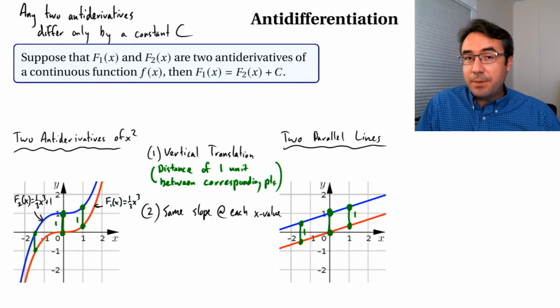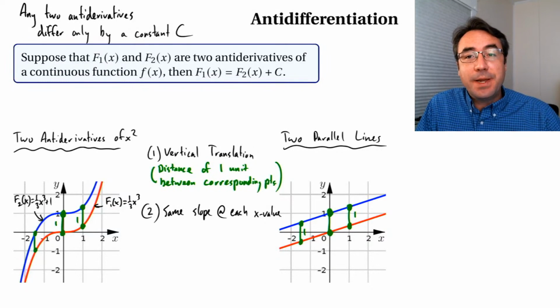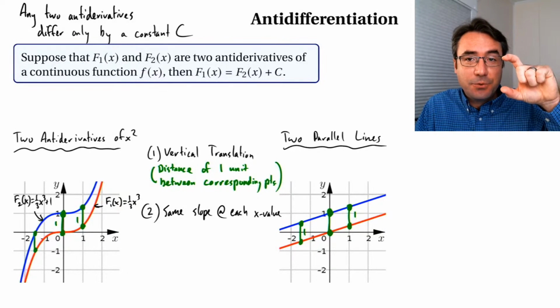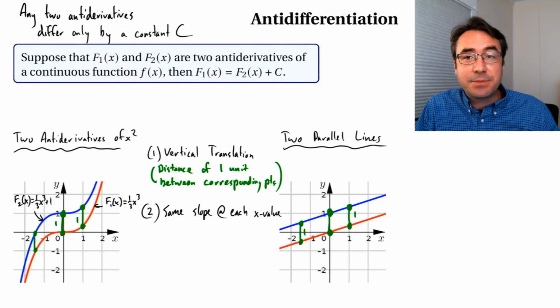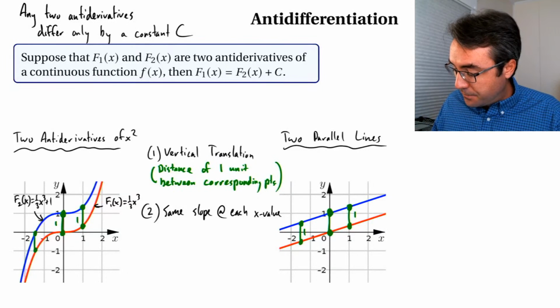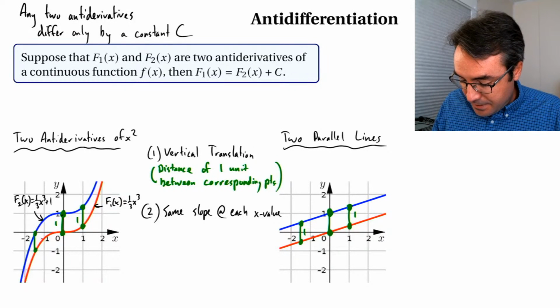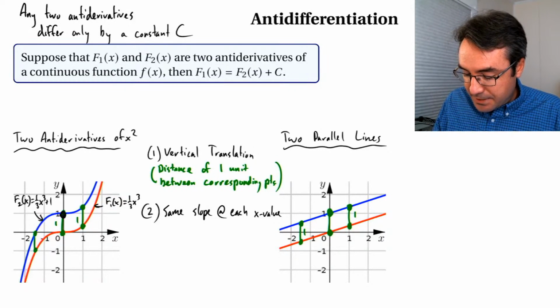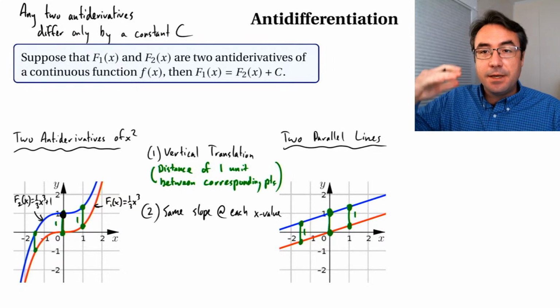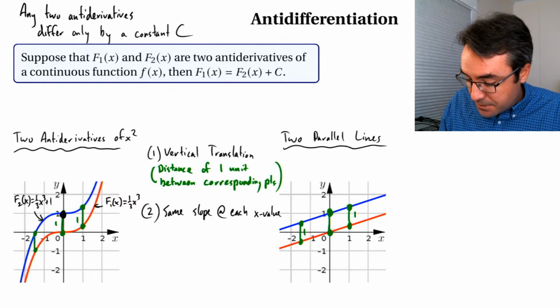But what's a little bit more surprising is for our two antiderivatives, if you pick any two corresponding points on those two graphs, they have the exact same slope. So for instance, if I were to pick this point at x equals 0 here, it looks like the graph flattens out.